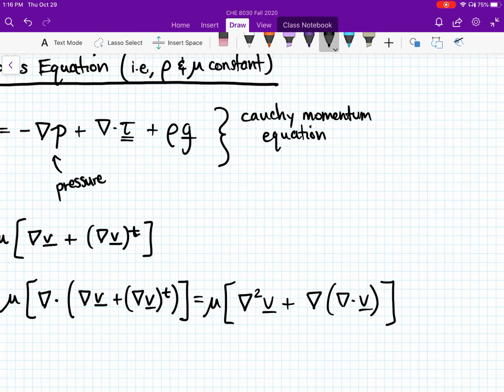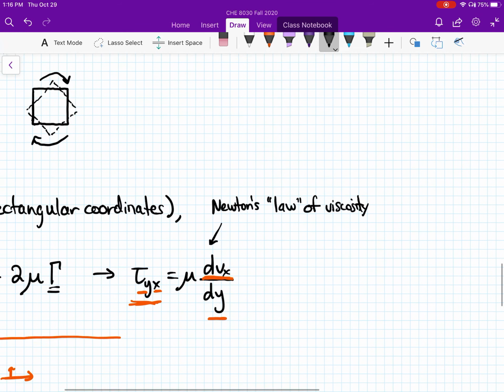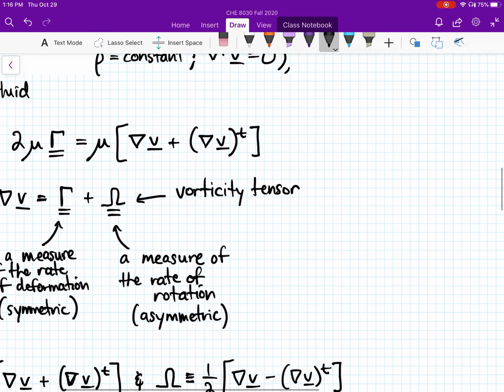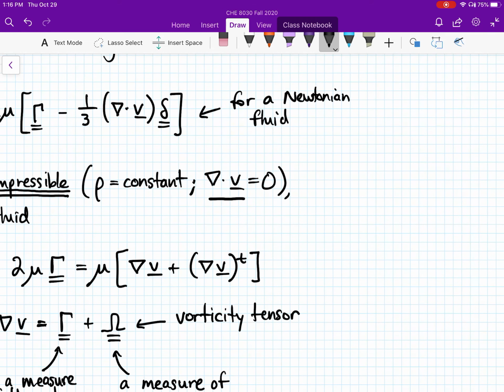Okay. Now, if we are assuming a Newtonian fluid, which we are, we know that for a Newtonian fluid, the divergence of the velocity is 0.